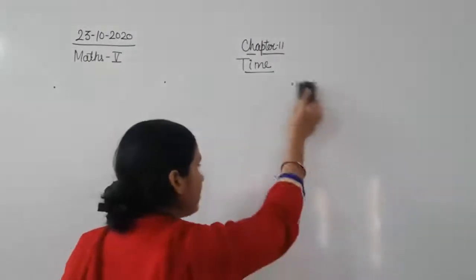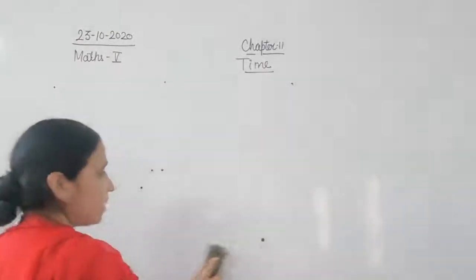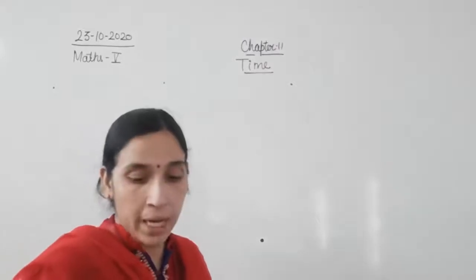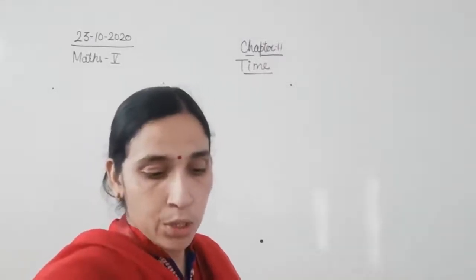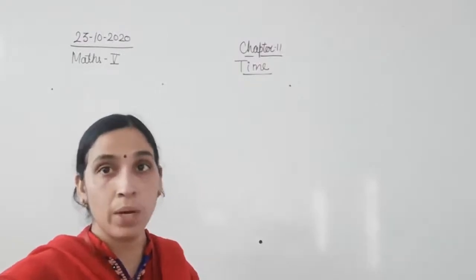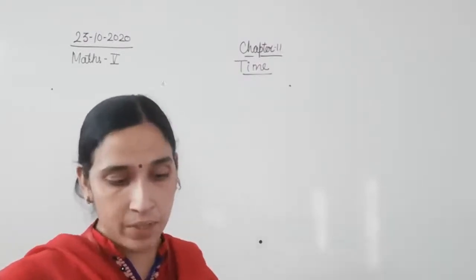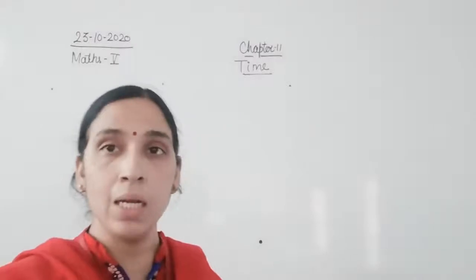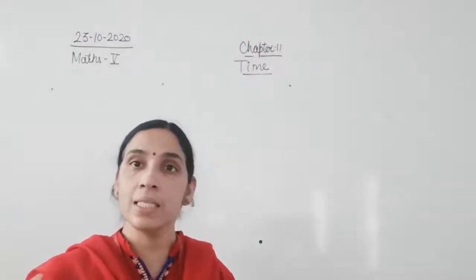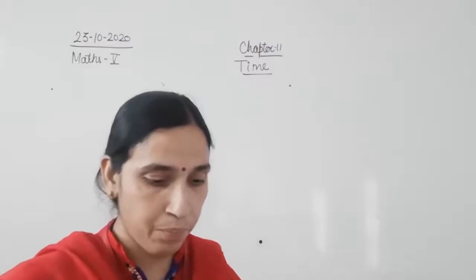In every exercise we did the examples, and here the topic for today is how to find time duration. So we'll start with example 1 and then move to our exercise, that is exercise 11.4.